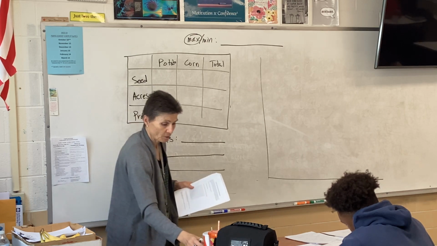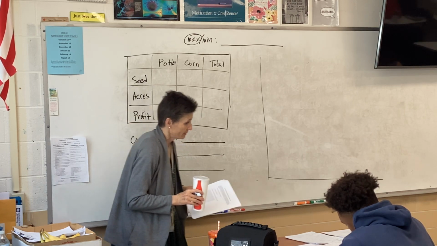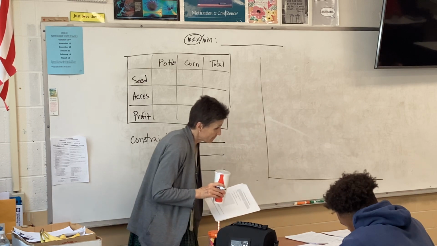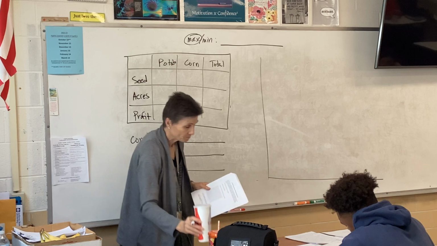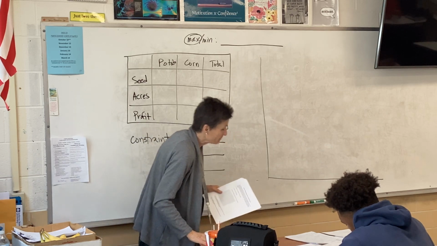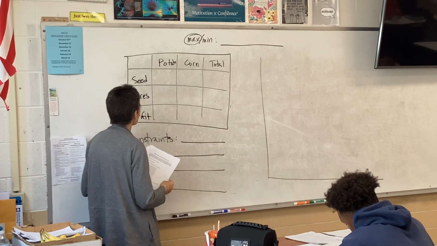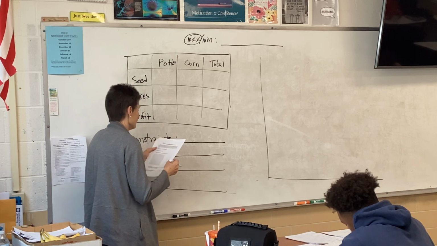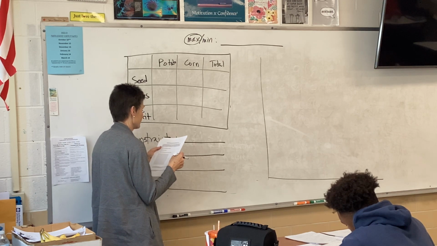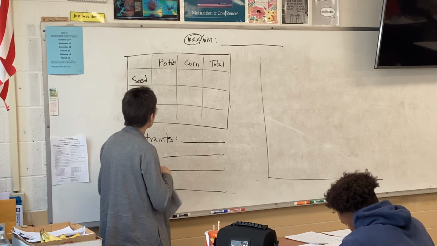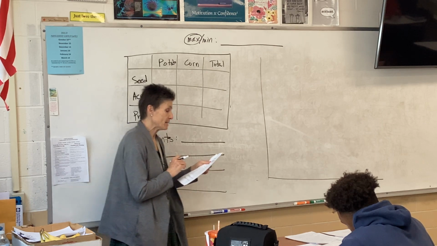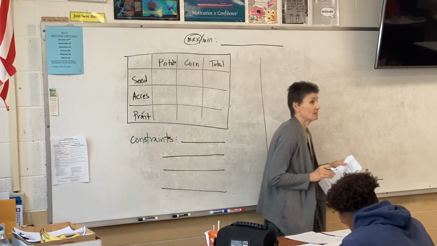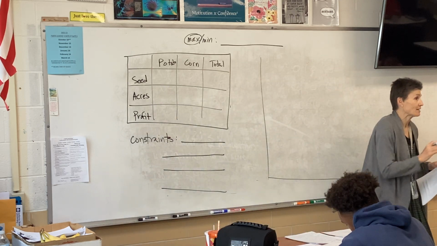So take a minute, we're going to work through this together, so we don't have a ton of time. Where does the 70 go? The first number I see in the problem is 70. That's the total acres.